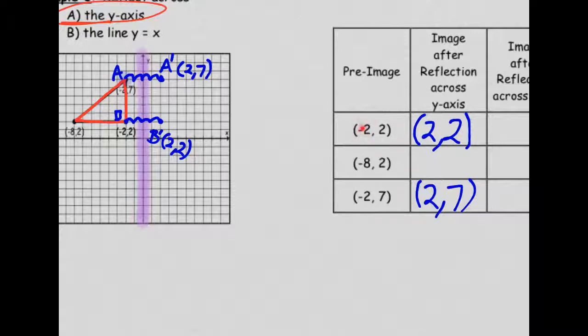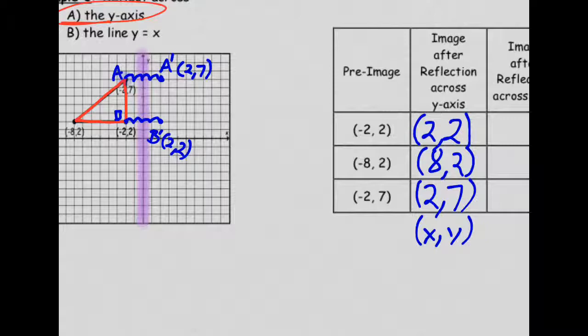What's happening to our x values when we reflect across the y-axis? Yeah, they're changing signs. This changed from a negative 2 to a positive 2. So did this, negative 2 to positive 2. What do you think is going to happen to this negative 8? It's going to become a positive 8. When you reflect something across the y-axis, the x changes from negative to positive, or from positive to negative.